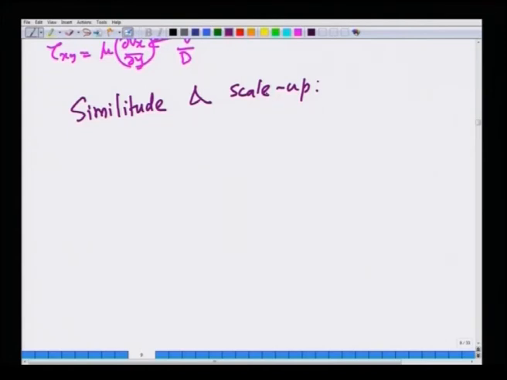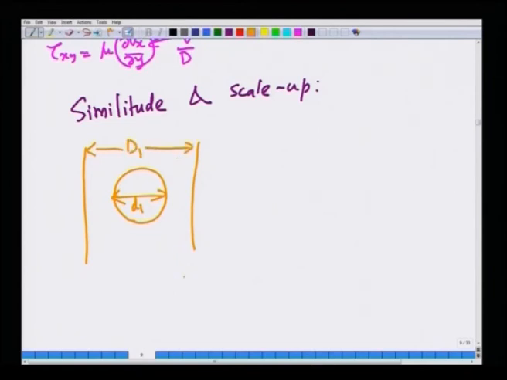Suppose I have the motion of a sphere with diameter small d1, moving in a pipe of diameter capital D1, and you have another system, a tiny sphere of diameter small d2 moving in a pipe of diameter capital D2.